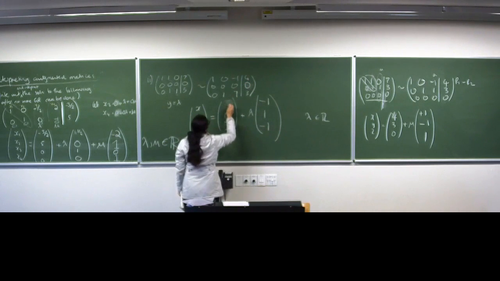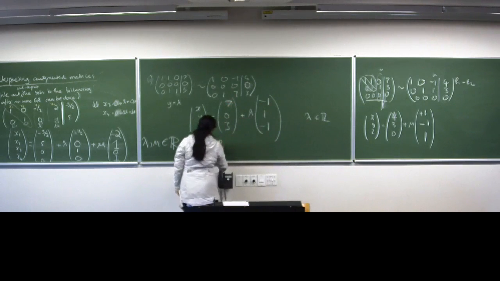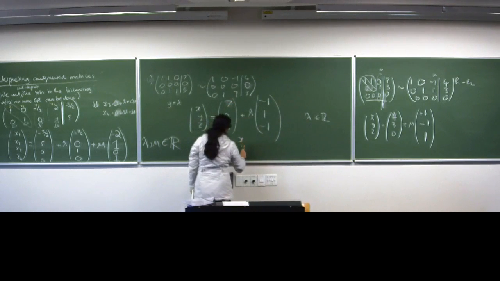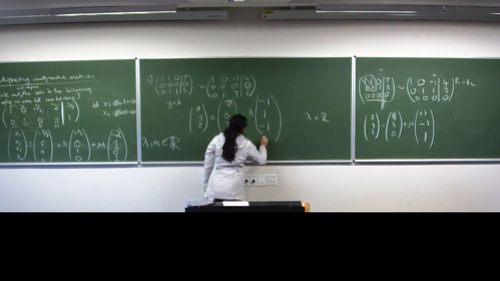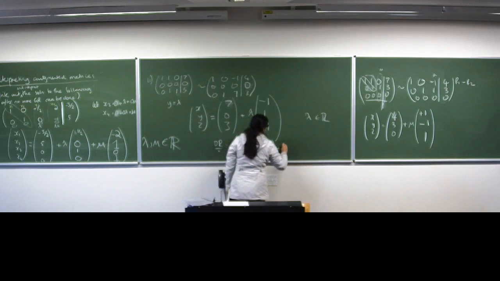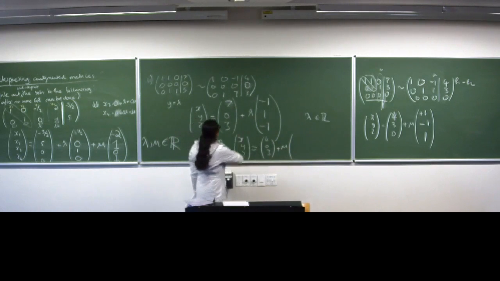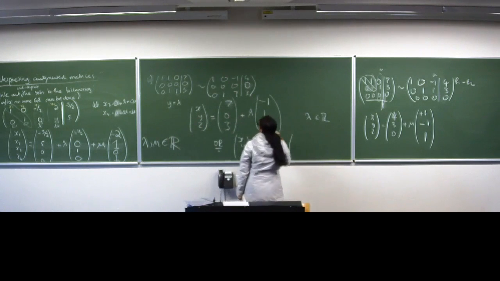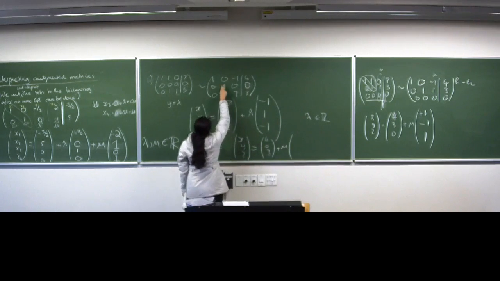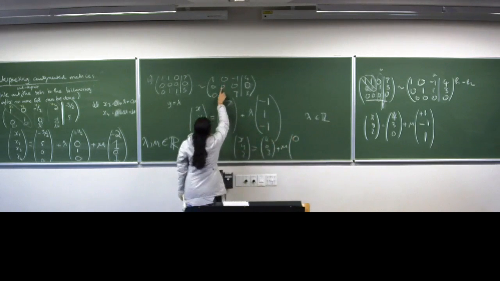So x, y, z equal to 403 plus mu, and that's 0 up here, and then that is 1.